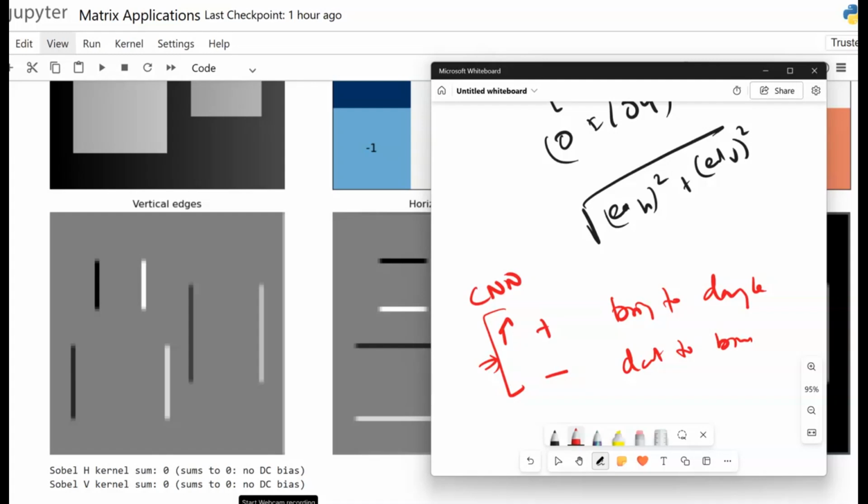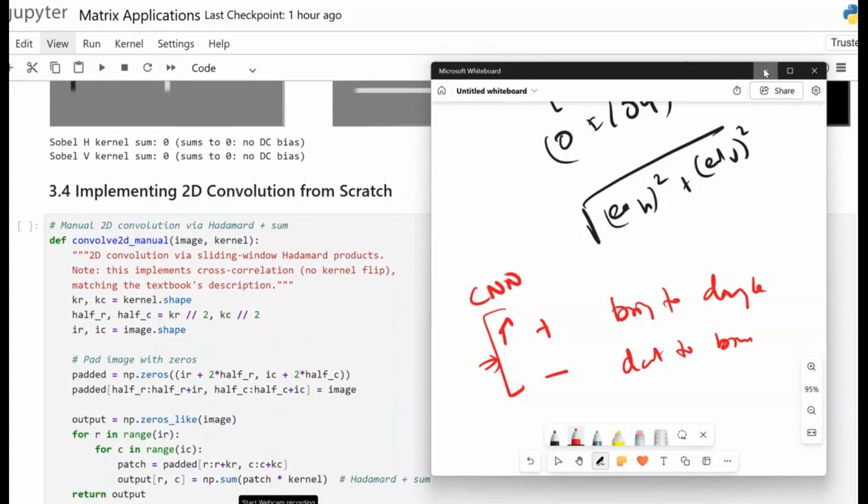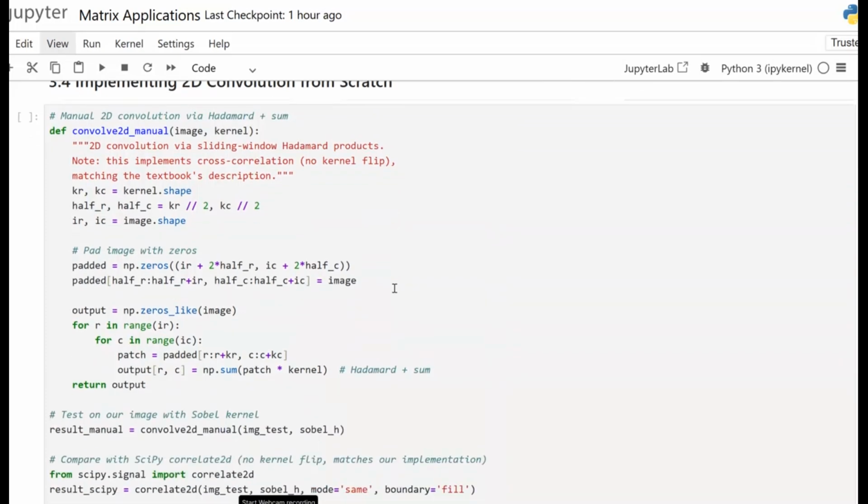Okay, now let me implement this using a 2D convolution. To reinforce the connection to this dot product filtering, we implement the double loop explicitly. Kindly observe, dear friends.